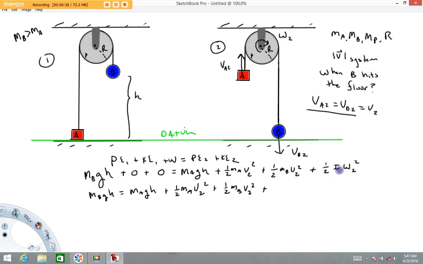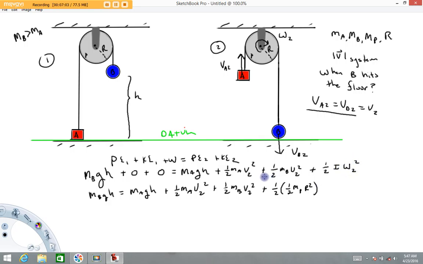First, I'm going to take care of that I. This is presumably a disc-shaped object, so the moment of inertia of a disc is 1/2 mr squared, so we're going to have 1/2 times, and then our 1/2 mr squared for the moment of inertia of the pulley. So that's going to be 1/2 mass of the pulley times r squared.